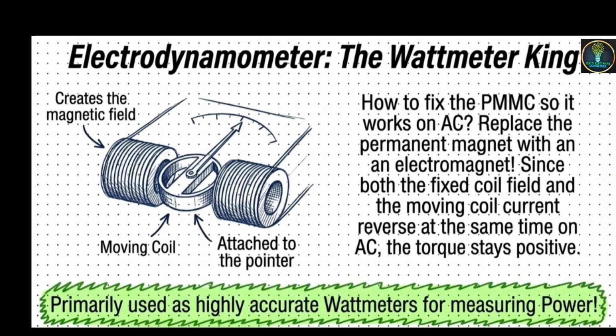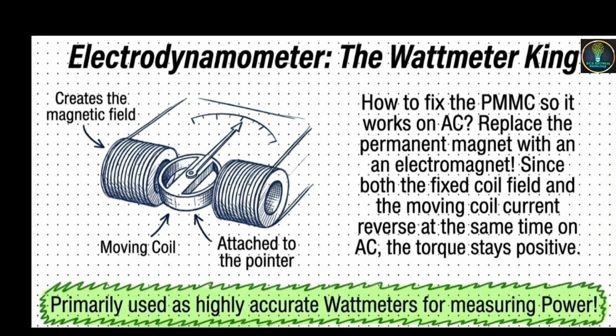Electrodynamometer, the wattmeter king. The fixed coil creates the magnetic field, and the moving coil is attached to the pointer. How to fix the PMMC so it works on AC?